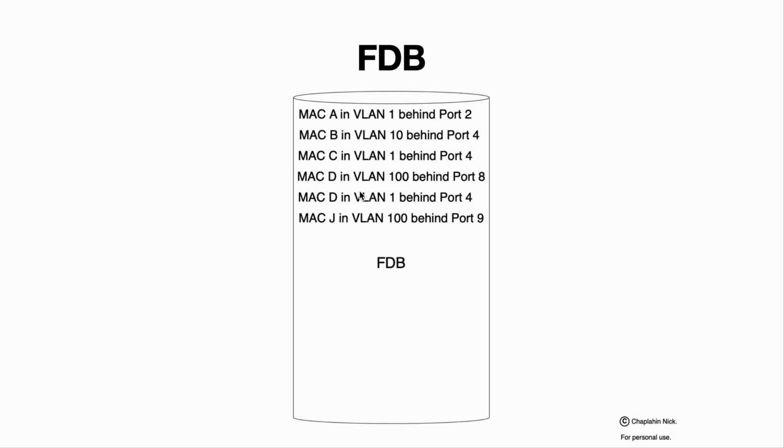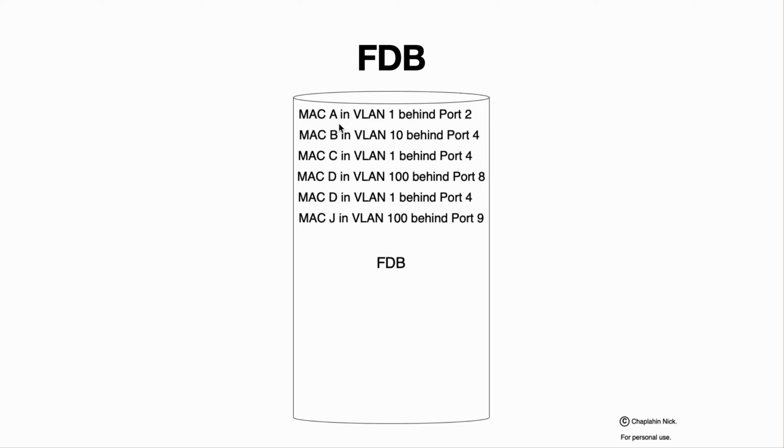In other words, an entry in the FDB literally says that the system knows that MAC A in VLAN 1 is behind port 2. It means that the device identified by MAC A is behind port 2 when transmission happens using VLAN 1.